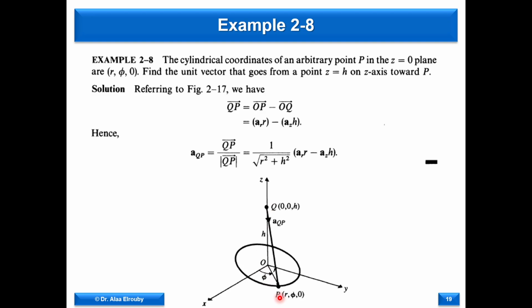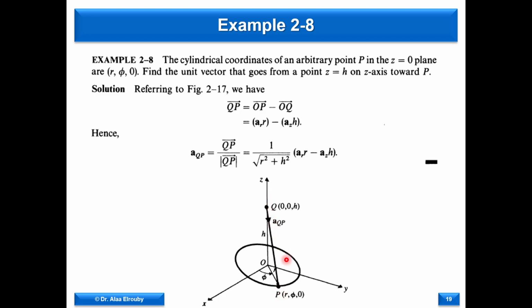The right way to do it is to move along the directions of the unit vectors. So we go from this point to the origin, then from the origin to the point. This vector here is QO, which is minus OQ, which is minus H in the AZ direction. Minus H in the AZ direction will bring us from Q to the origin. Then from the origin to point B is R in the direction of AR.